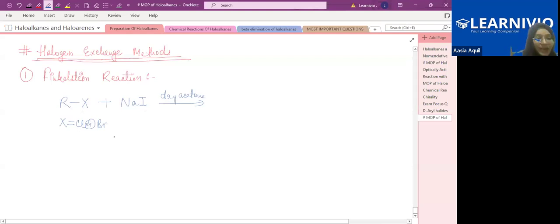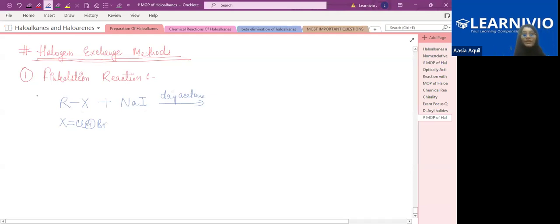So the Finkelstein reaction is when chloroalkane or bromoalkane are treated with sodium iodide in the presence of dry acetone, it will give you an iodoalkane. So what happens here? It's a halogen exchange.